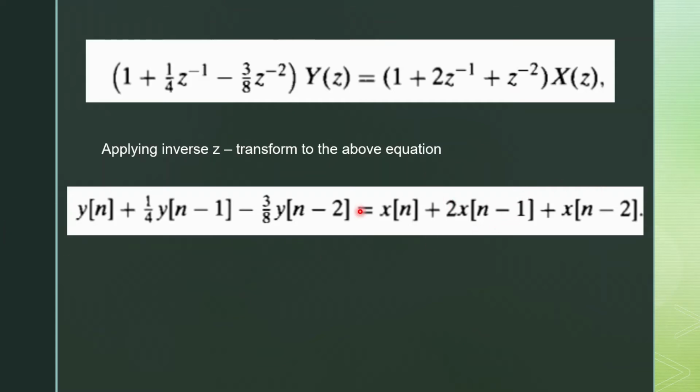So this is the difference equation for the above one.